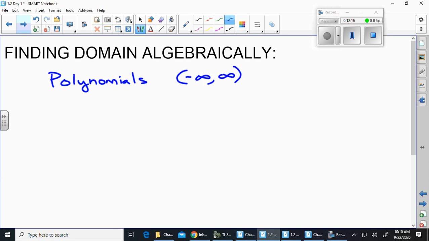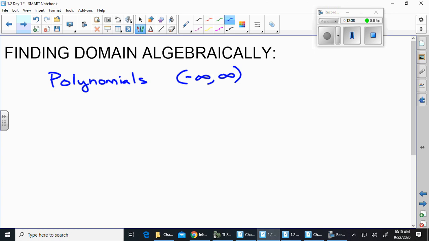Now, big question, what's a polynomial? Polynomial is x squared, x cubed, x to the first, x to the fifth, x to the 99th. No negative exponents, no fraction exponents. If you have a polynomial, its domain is -infinity to infinity.